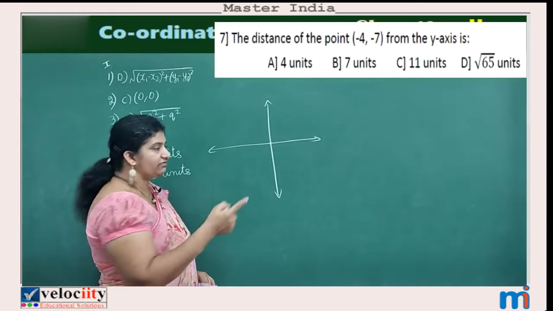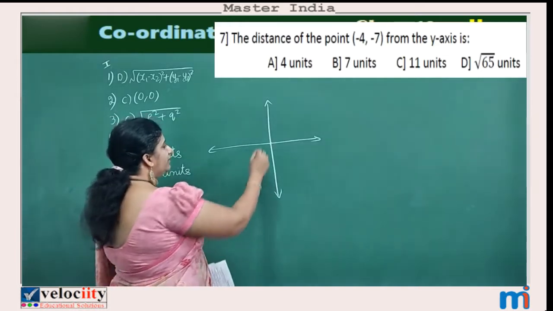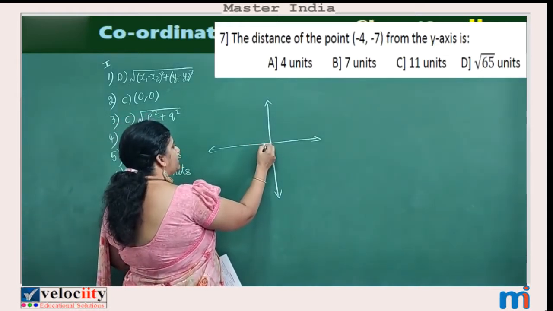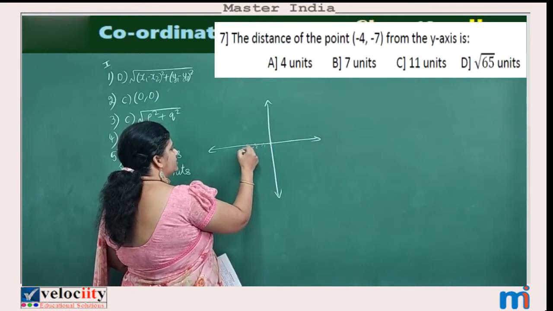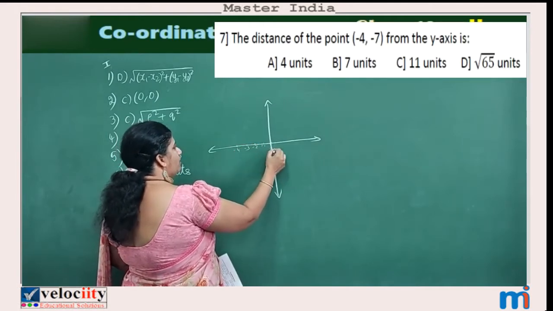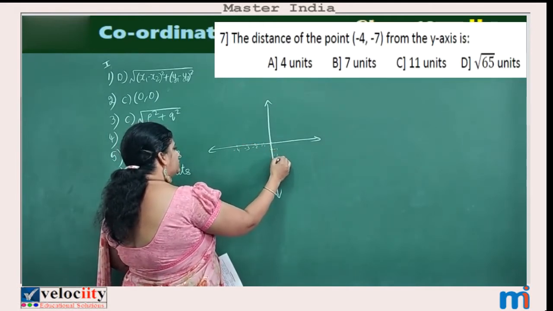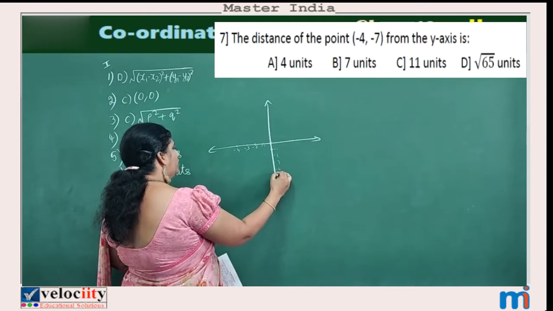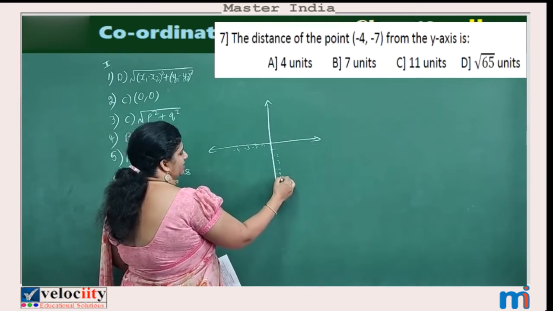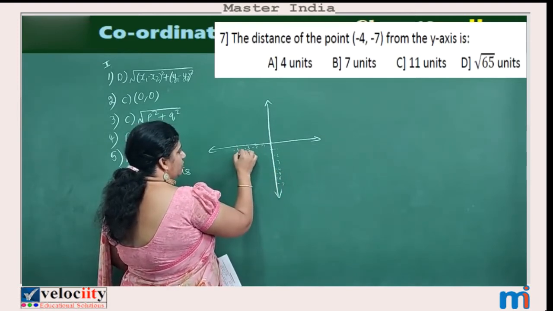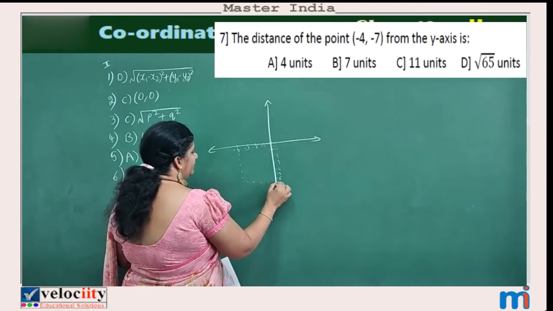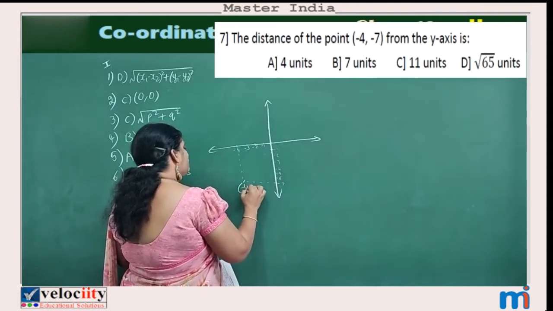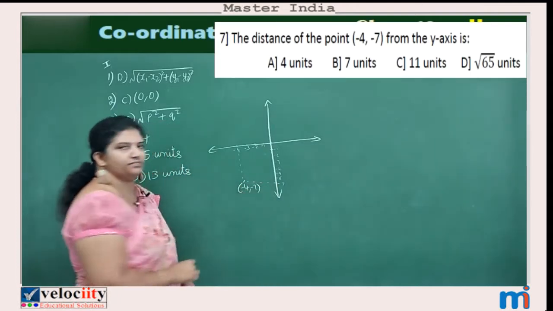Both are negative. It will be in the third quadrant. That is minus 1, minus 2, minus 3, minus 4. Minus 1, minus 2, minus 3, minus 4, minus 5, minus 6, minus 7. So where will this coordinate be? Here. Minus 4 comma minus 7.